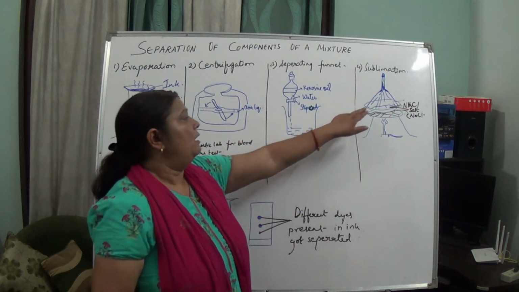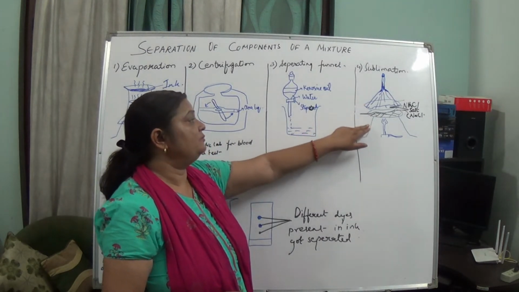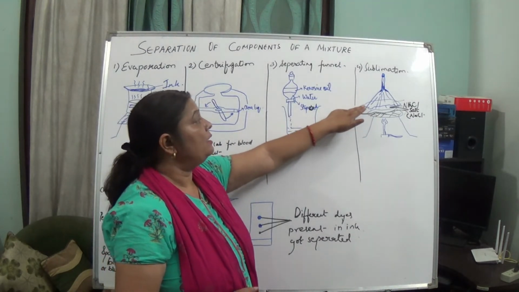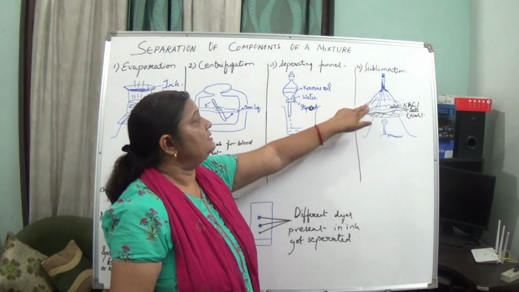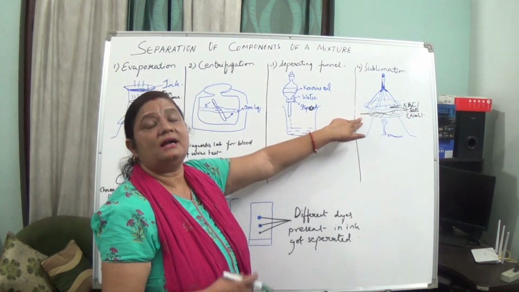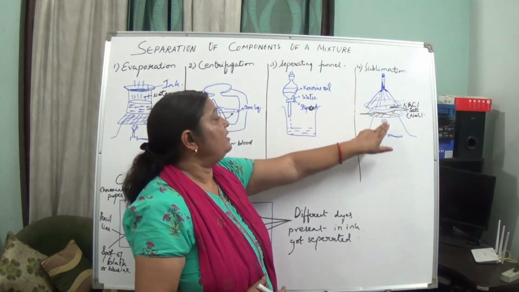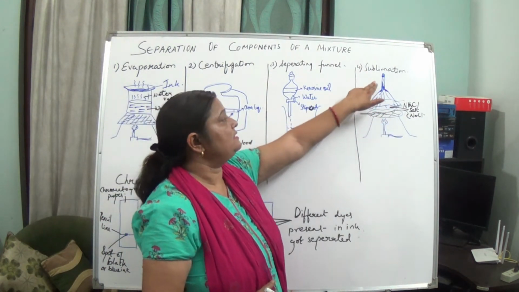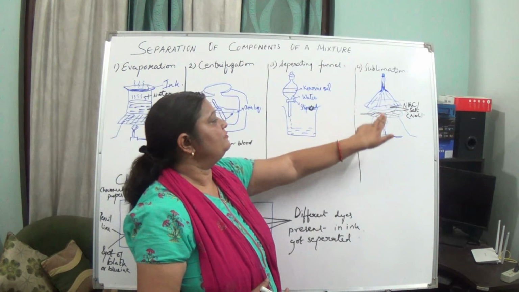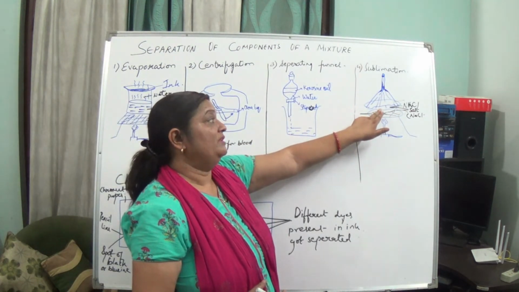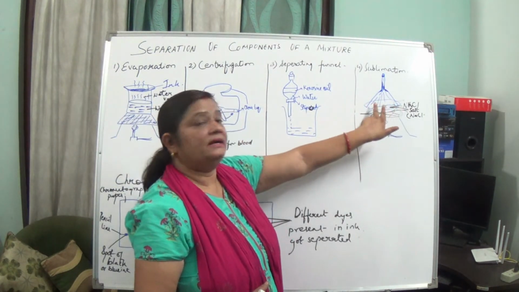And then what happens, the mixture of ammonium chloride and salt, okay, as we start heating, ammonium chloride starts subliming, and it goes up, and when we remove the flame, this ammonium chloride gets settled down on the walls of this funnel, and NaCl, which does not sublime, remains in this china dish itself.